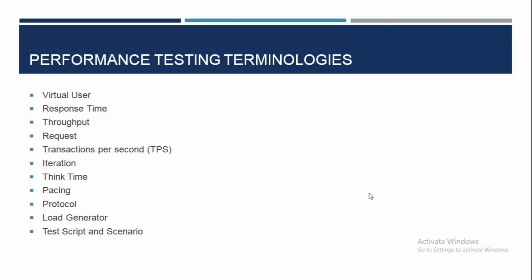The different terminologies are the common terminologies which you will hear in a performance testing project, in the performance testing domain. First is virtual user. You will very commonly hear this term, virtual user. Now, what is a virtual user?